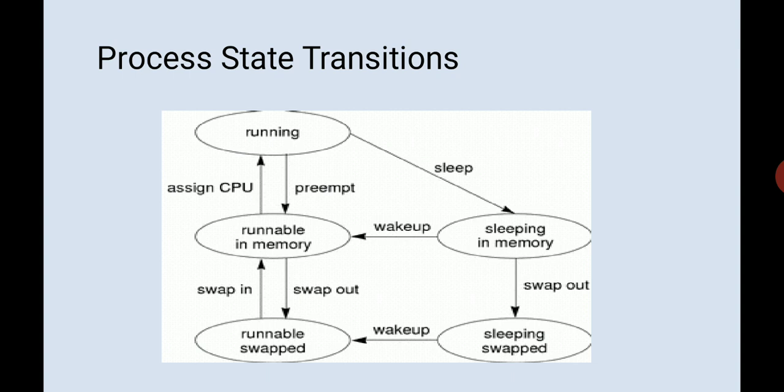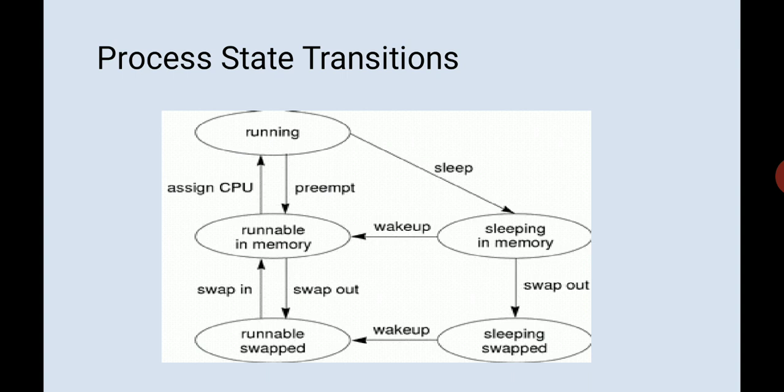If it needs memory, it has to be swapped out of memory, so from runnable in memory it comes to runnable swapped. If some other program in execution needs the memory, it will swap this one out of the memory.